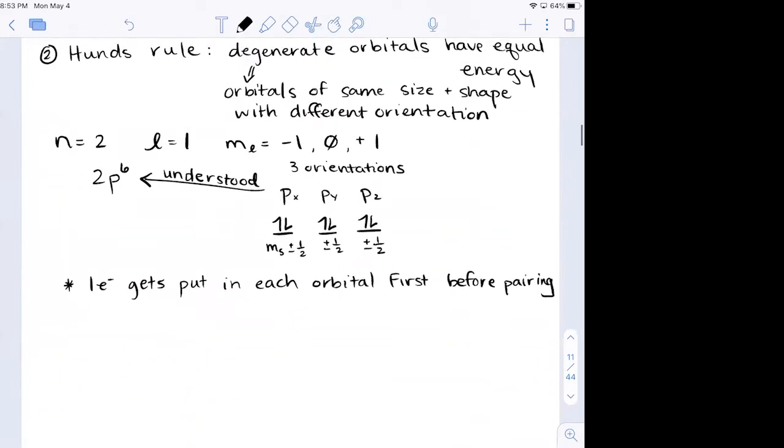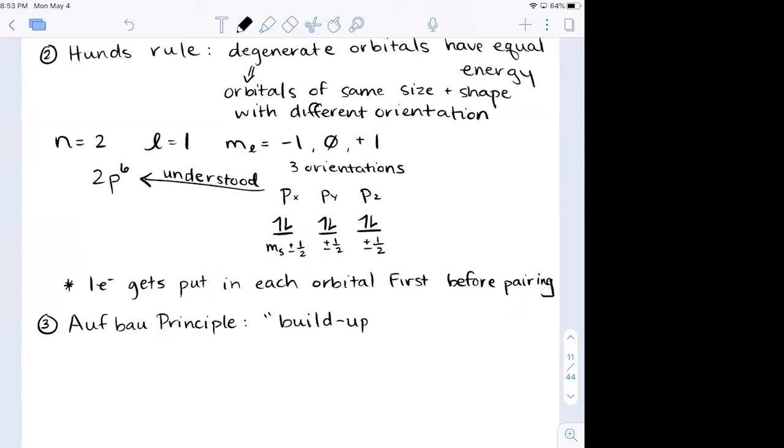Now, along with these orbitals, we do have one more idea, and it comes from our last principle, which is called the Aufbau principle. The Aufbau principle literally is German for build up.